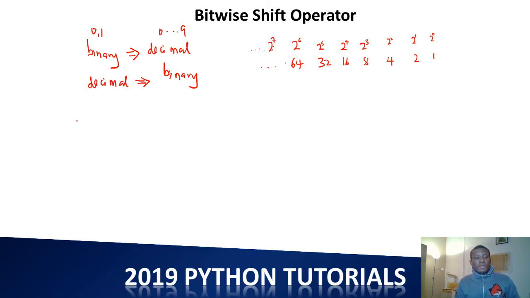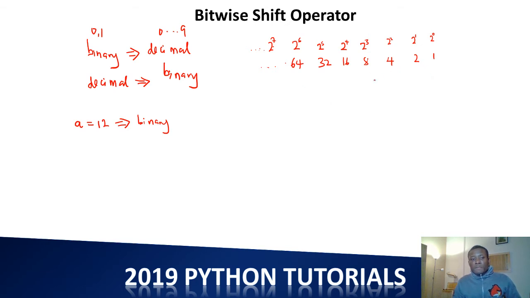So let's take examples. If a is equal to 12, let's convert it to binary. And binary is the same thing as base 2. So when you are given a number to convert from decimal to binary, you come here to check.